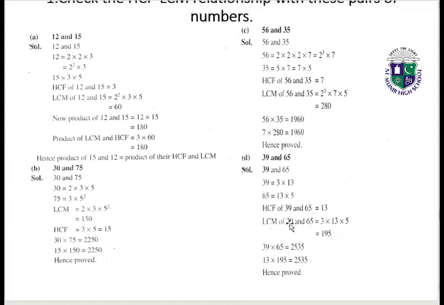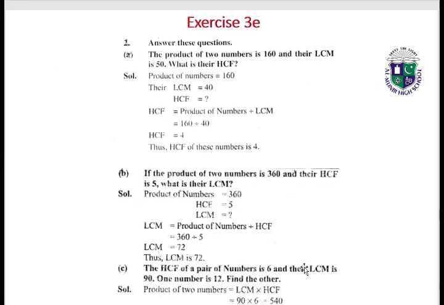Least common multiple of 39 and 65 is 3 multiplied by 13 multiplied by 5, which is 195. 39 multiplied by 65 equals 2535, and 13 multiplied by 195 equals 2535. Hence proved.